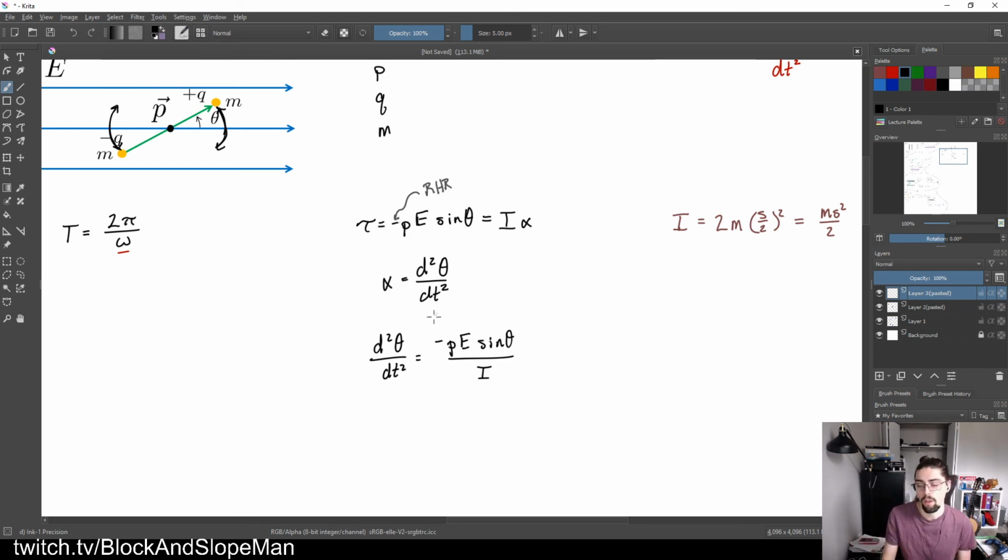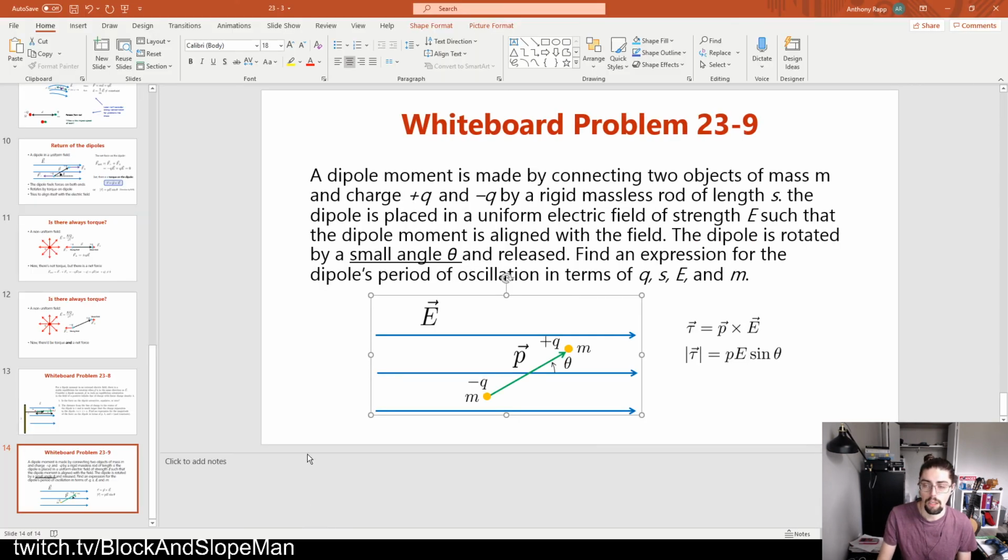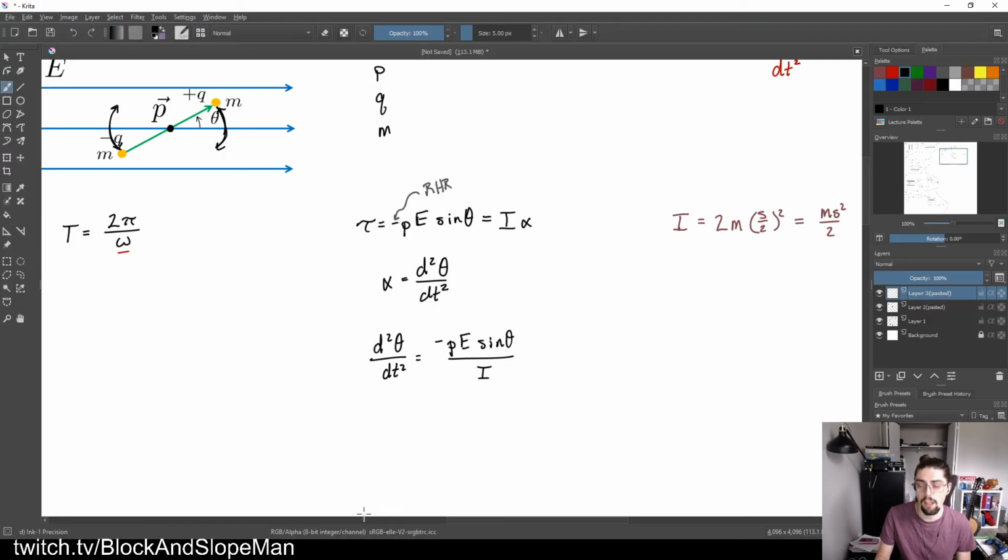However, we go back to the problem real quick and we say, okay, small angle theta. That means one thing and one thing only. We can take the small angle approximation.